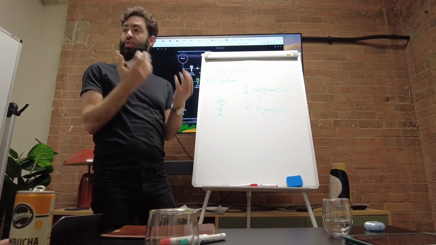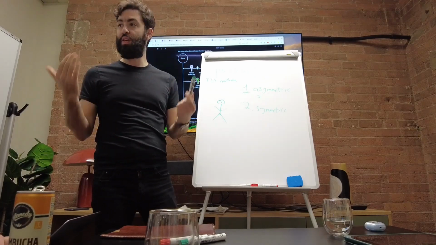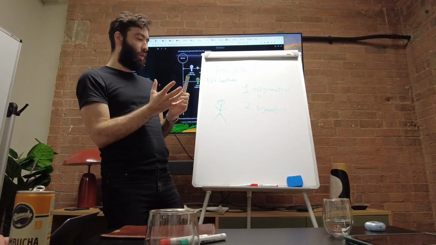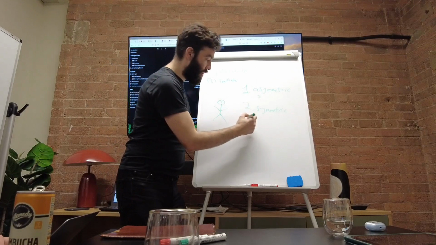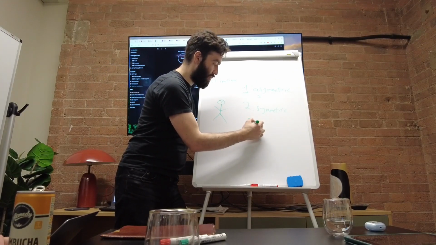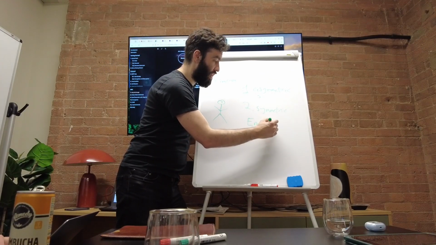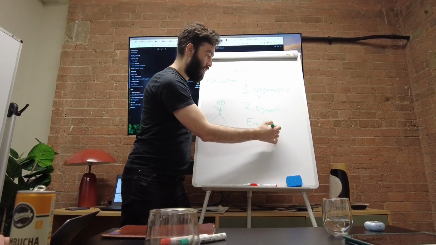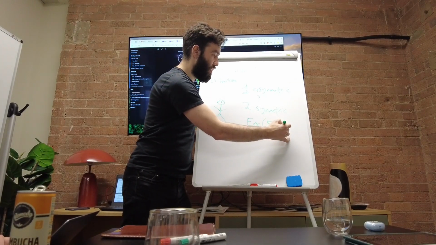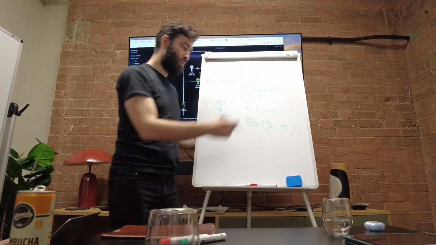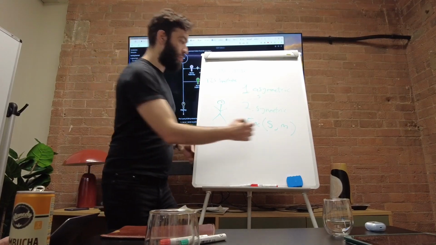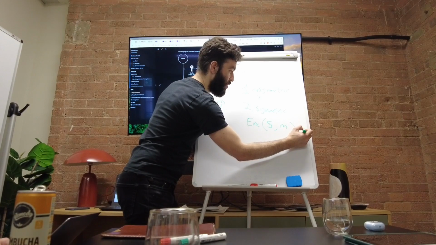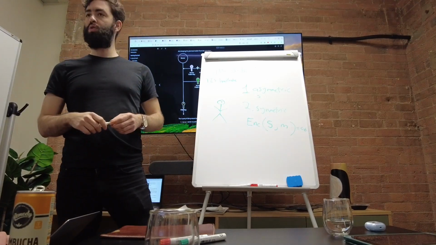Now the second part: I want to send my login details to the website. So I take my login details and I encrypt them. The encryption takes the secret S and the details, which is M, the message, and produces a ciphertext, which I can send to the server.